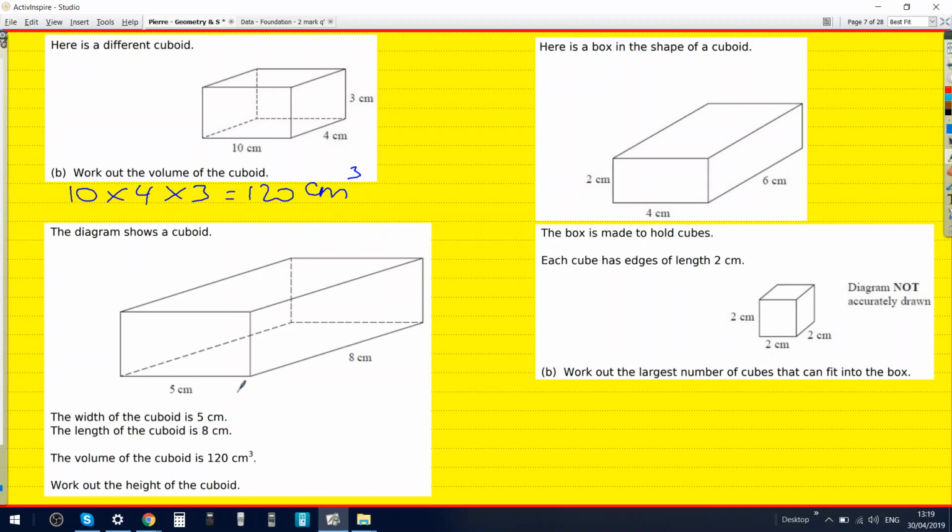Well, the base is 5, the length is 8, the volume is 120, and you have to find the height. Yeah. So to find what the height is, so it's 120... 5.